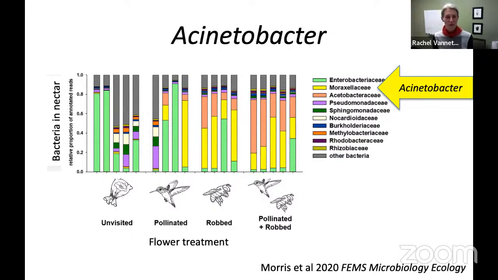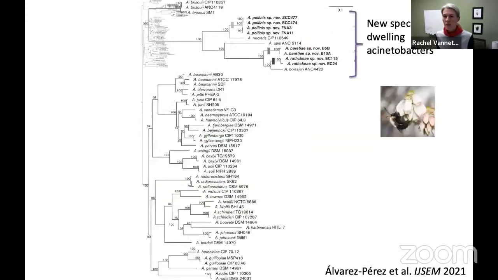So we decided, well, as our last resort, let's just sequence the thing. We really struggled to get enough DNA to actually sequence, but we were able to get enough DNA.